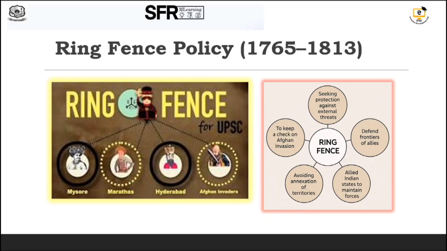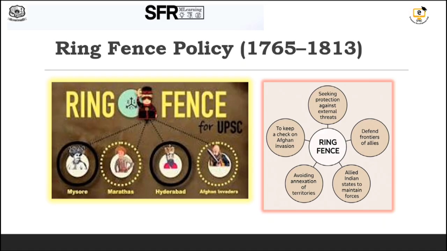The first phase, that is, ring fence policy. The ring fence policy was introduced during the tenure of Warren Hastings. Under this policy, Indian states surrounding British territories were treated as buffer states to protect British possessions from external threats.